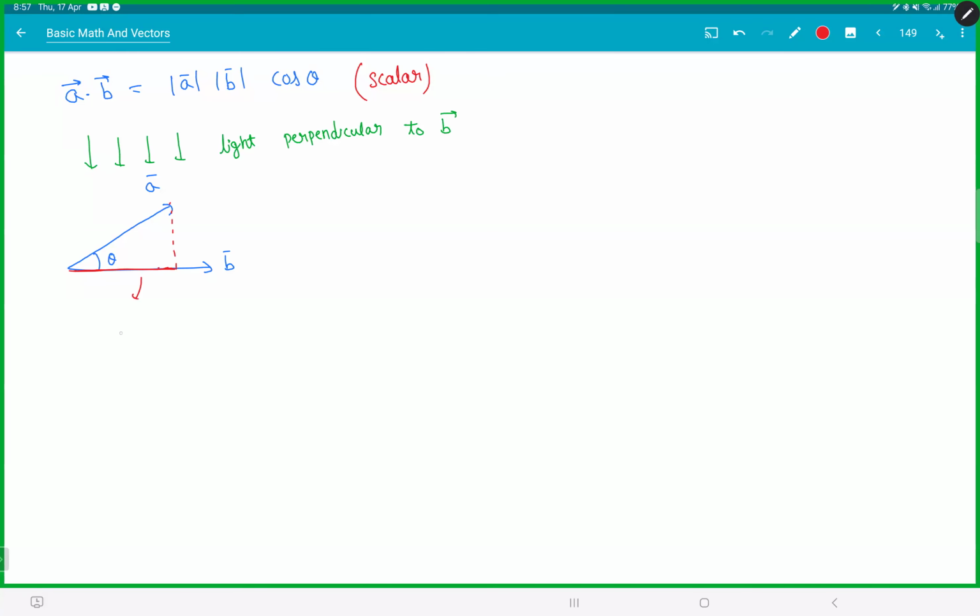So this red line here is nothing but the shadow of A bar along B bar. The technical name for this is called projection. So what is the effect of A bar in the direction of B bar? This is called the projection of A bar along B bar, or you can also call it the component of A bar along B bar.